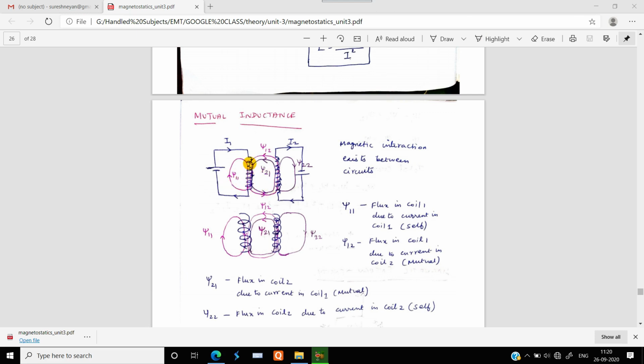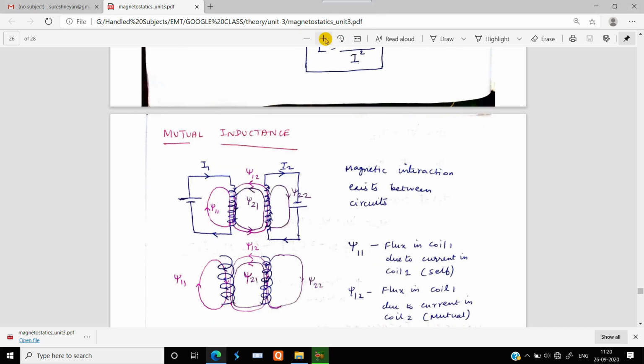Here we have represented some of these flux linkages. I have represented this particular flux linkage in a bigger diagram in the bottom diagram. So here I am going to mention some of the flux linkage concepts.